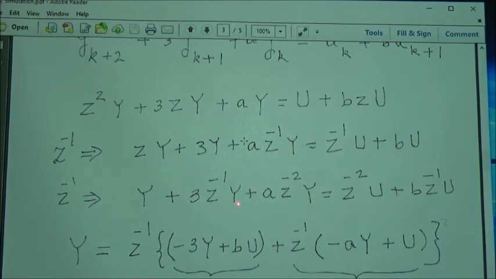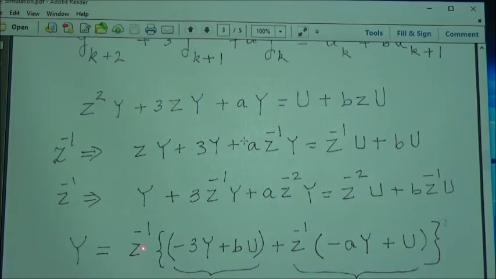So I have minus 3y plus b times u, which is this. And then I have another term plus z minus 1, factor it one more time. I have minus a times y plus u. Then I close the parentheses and close the curly parentheses.